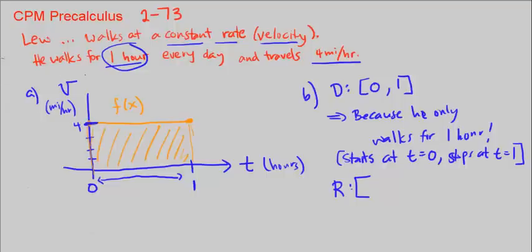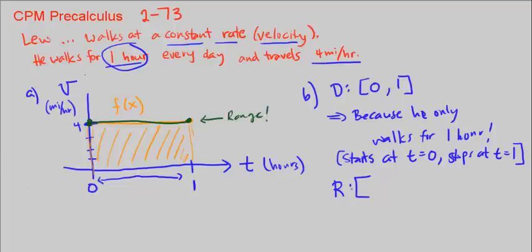Because if you look closely, it's just a horizontal line segment from 0 to 1. The height is 4 the whole time. We shaded in this area, but this area is not part of the graph. So it's only yes at 1 point. So the range is just that 1 point.